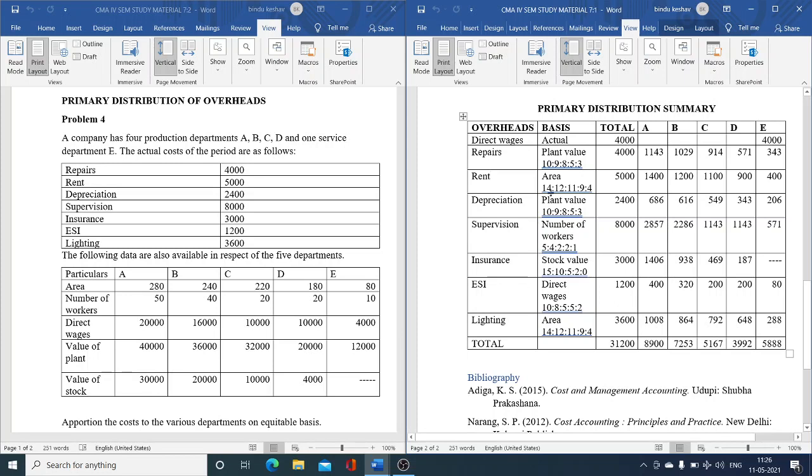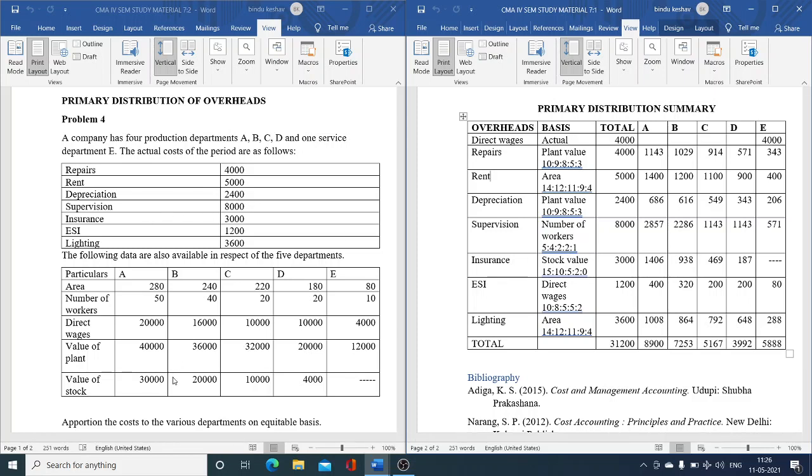So it can be further simplified as 14:12:11:9:4. The next item is depreciation, 2,400. Depreciation is based on plant value. We have already found out the ratio, 10:9:8:5:3. The next item is supervision, 8,000. Supervision is based on number of workers, that is 5:4:2:2:1. So the number of workers ratio 5:4:2:2:1.